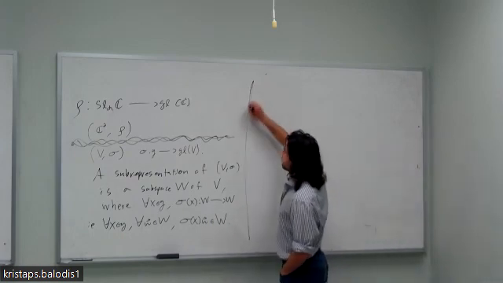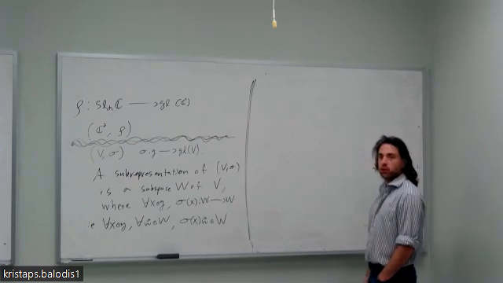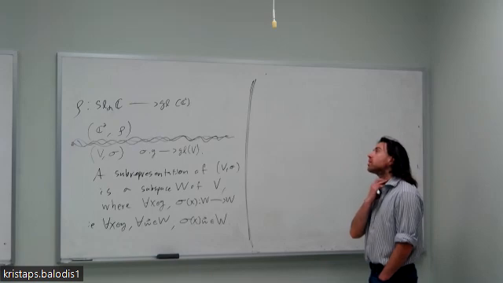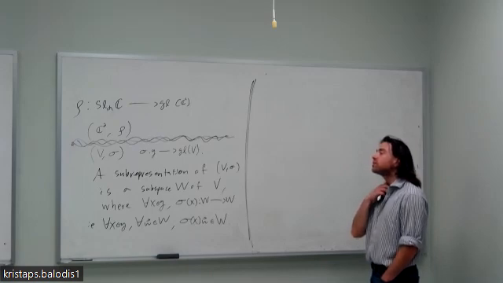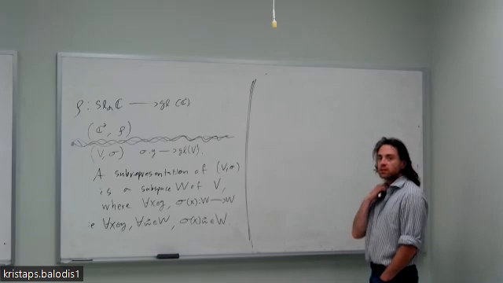Now I want to see if there's a sub-representation of C2. Well, then it needs to be a subspace of C2. So what would a proper subspace of C2 look like?